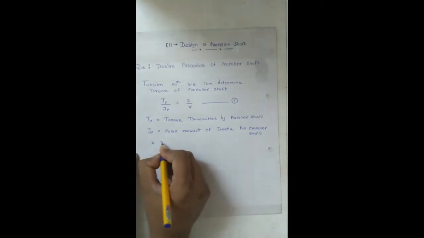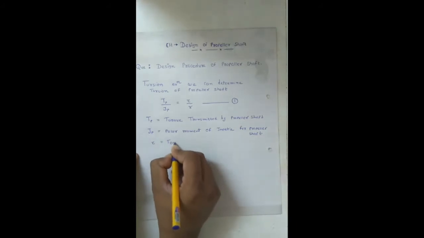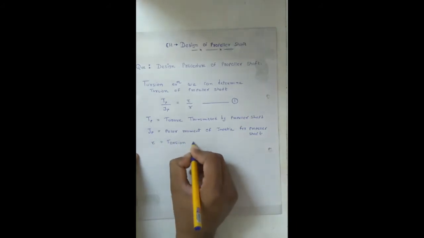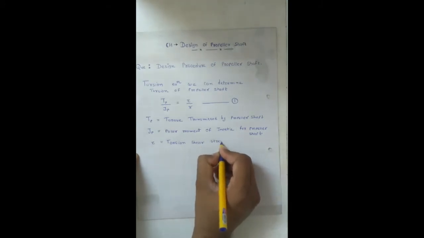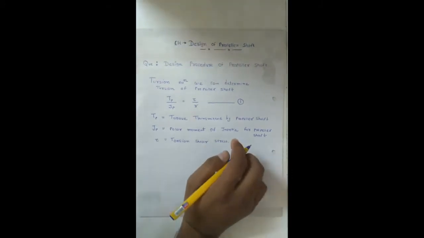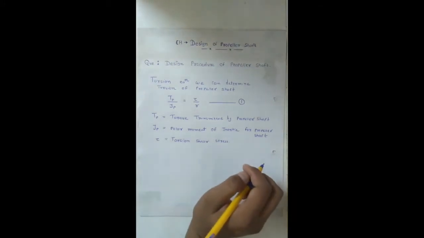Tau is equal to the torsional shear stress, which is also called the safe shear stress.